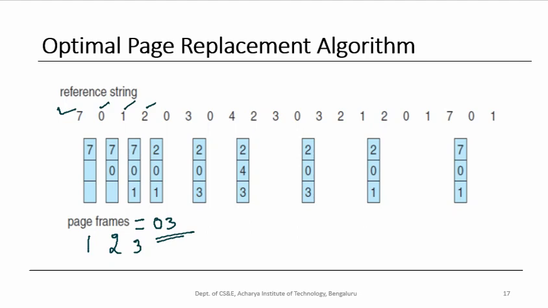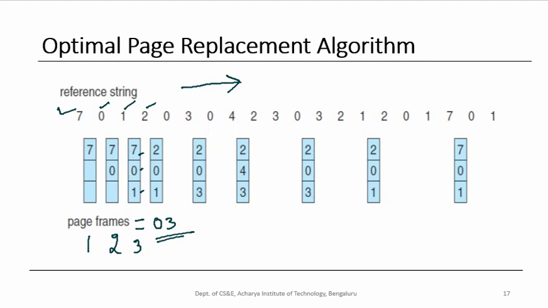Whereas here, when the reference is made to 2, now we have pages 7, 0 and 1. Now we have to look forward, in the sense that we have to look at the references that could come in the future for different pages.